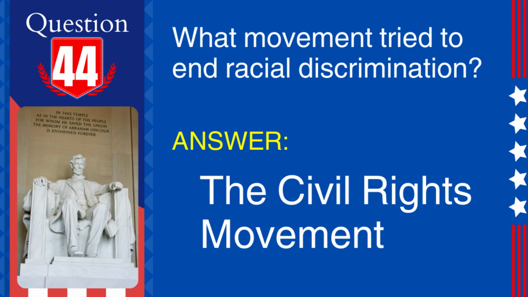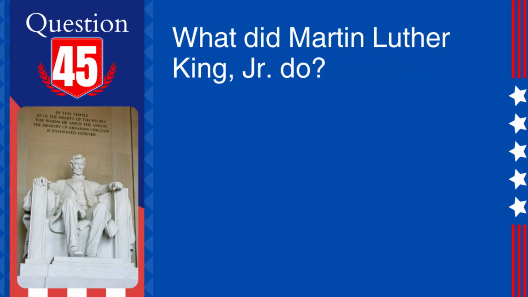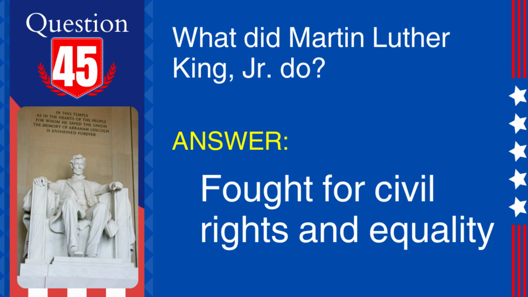Explanation. The Civil Rights Movement, particularly in the 1950s and 1960s, aimed to end racial segregation and discrimination against African Americans. 45. Question. What did Martin Luther King Jr. do? Answer. Fought for civil rights and equality. Explanation. Martin Luther King Jr. was a leader in the civil rights movement, advocating for nonviolent resistance to achieve racial equality.